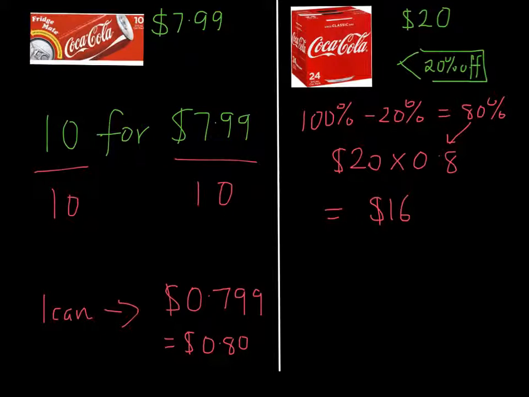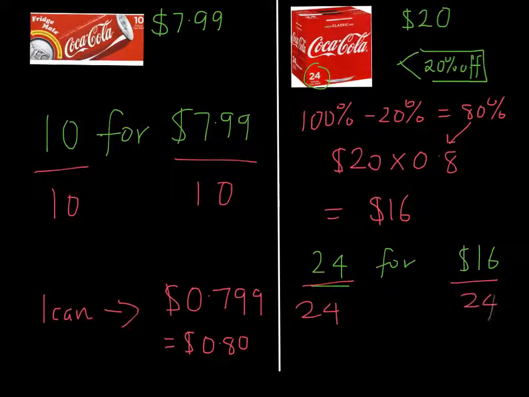In this case, now let's calculate the per unit price. So it's $16 for 24 cans. So if 24 for $16, then for one can, we're going to divide by 24. So 16 divided by 24. One can in this case is going to be equal to 16 divided by 24. You may be able to work that out.